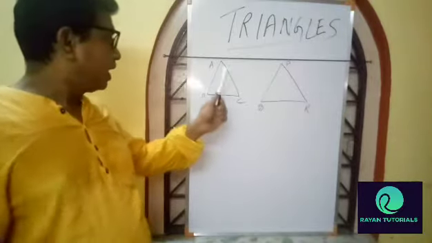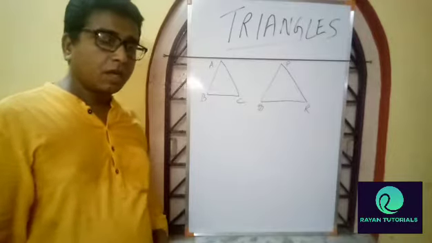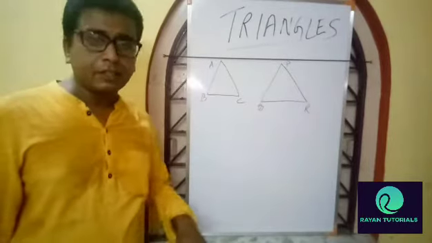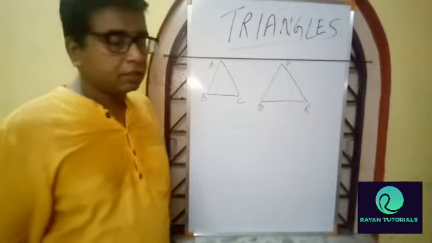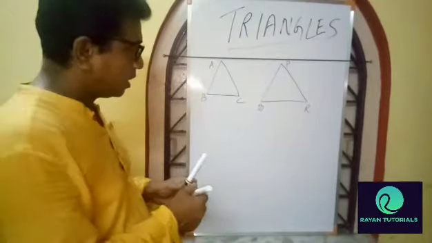Okay, triangle ABC, triangle PQR. When can I say these two are congruent? There are some conditions.